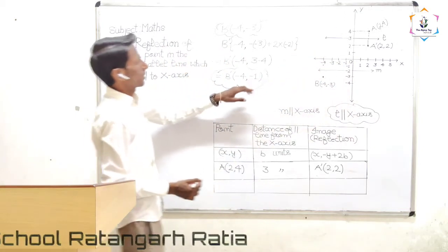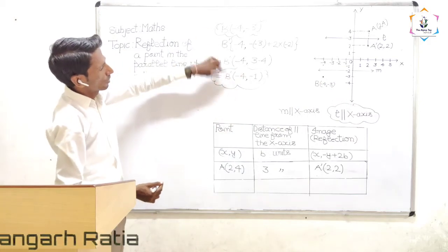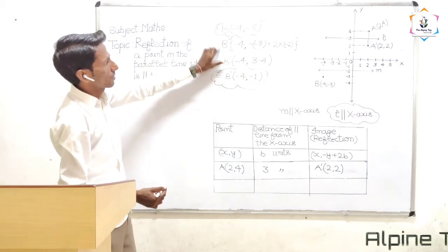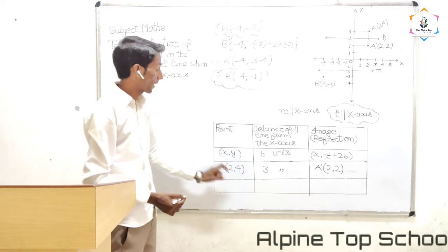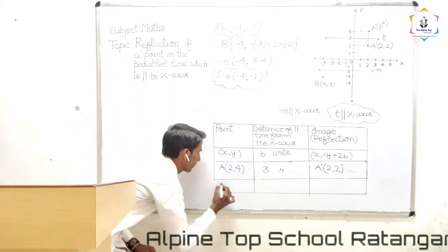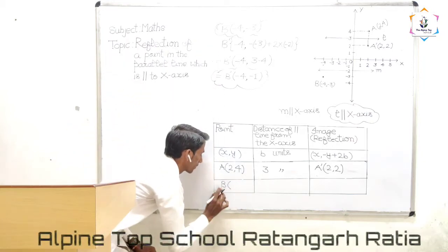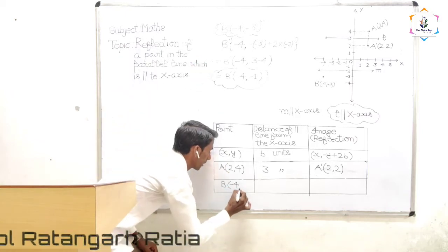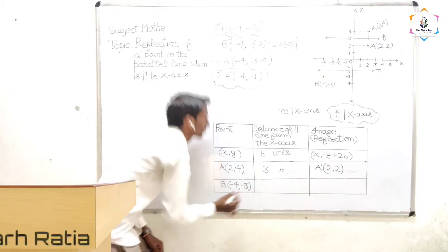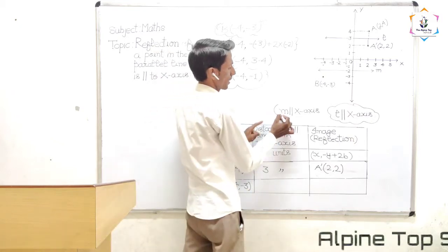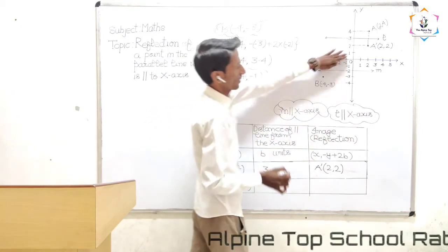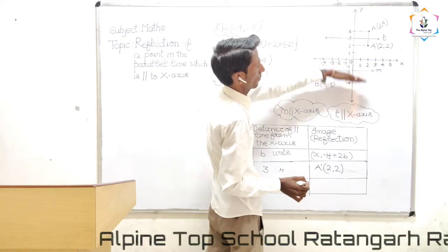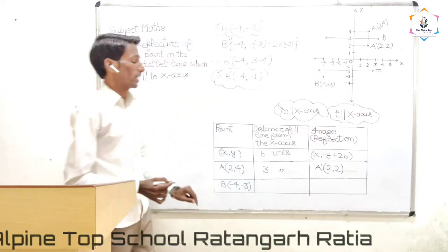So firstly I have to draw and adjust these points in the table form. Which point do we have? I have a point B whose coordinates are -4 and -3. What is the distance of this line M, which is parallel to the x-axis and on the negative side of the y-axis?